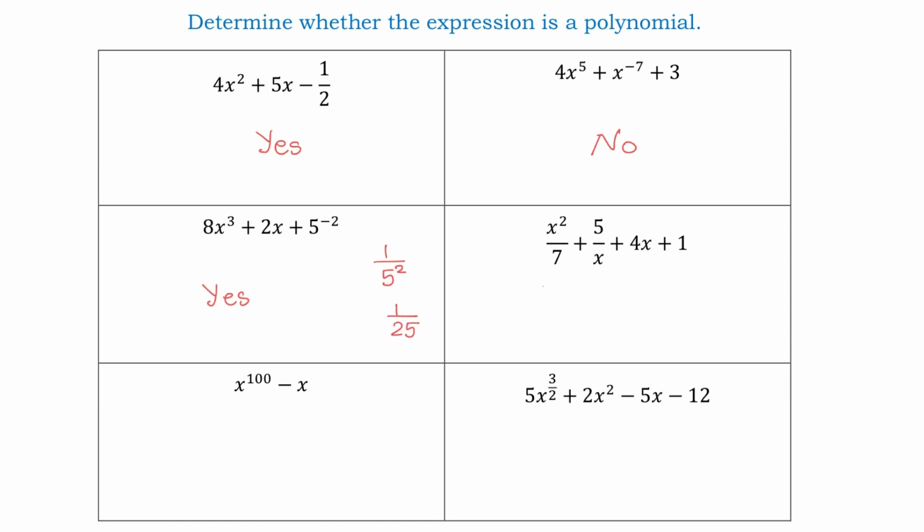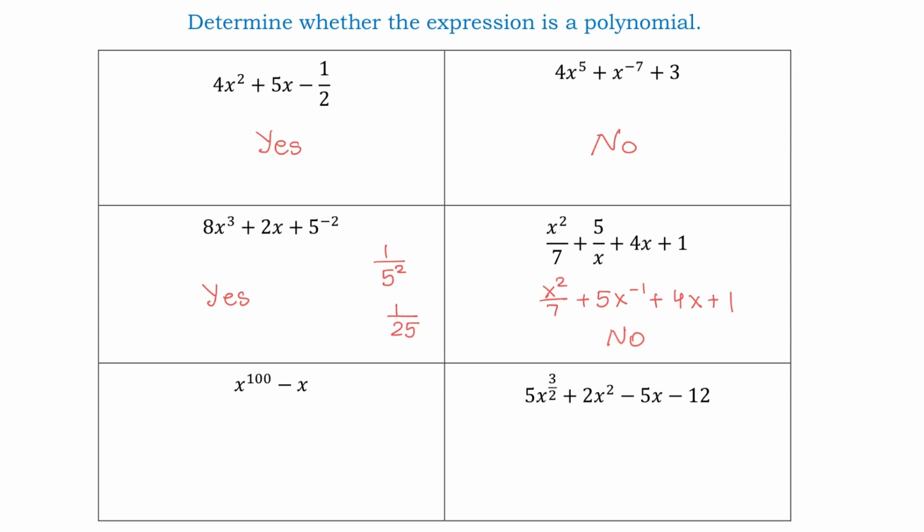So we would have x squared over 7 plus 5x to the negative 1 plus 4x plus 1. And because of this negative exponent, this expression is not a polynomial. So again, if we have an expression that has x in the denominator, this expression is not a polynomial.